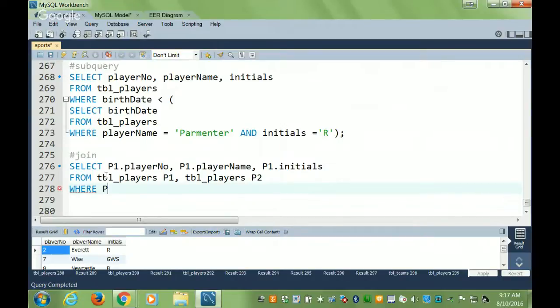Okay, let's try. But we also have to join. When you join two tables, I'm only joining those records where their birth date is less than the other person's birth date, and we definitely need an and, right? And the other person, other means P2 dot player name. Is it player name? Yes. I think this should work.